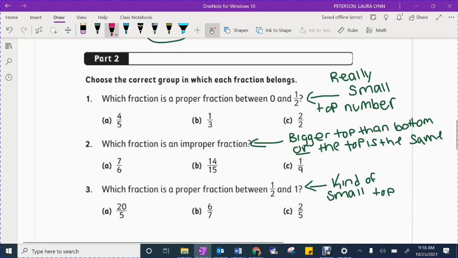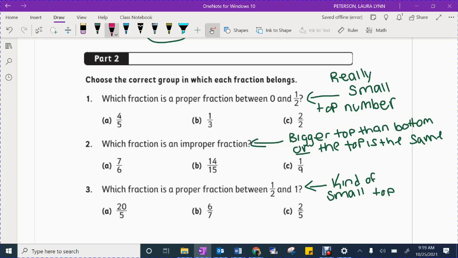Now, we spent a lot of time last week sorting our fractions based off of their top numbers compared to the bottom. So I need you to add these little notes right now to each of these questions. So when you do your real quiz, you have a good example, and just in case you forget what it means. So let's pause the video now and copy this down. Good.